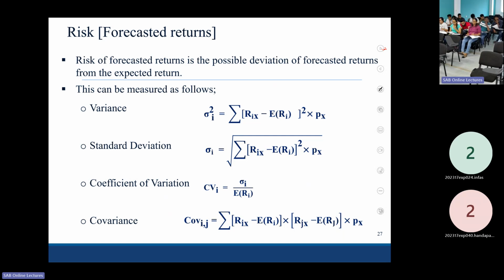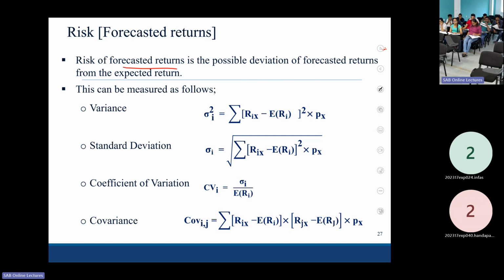So what is the risk of this forecasted return? What is the risk of this expected thing? You can define the risk of forecasted return as the possible deviation of your forecasted return from the expected return.